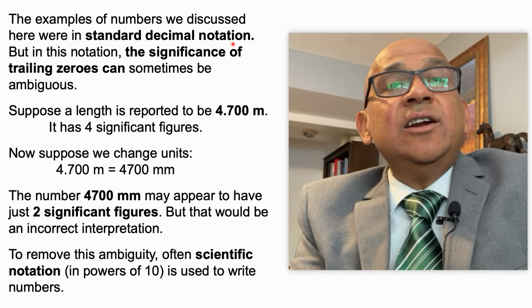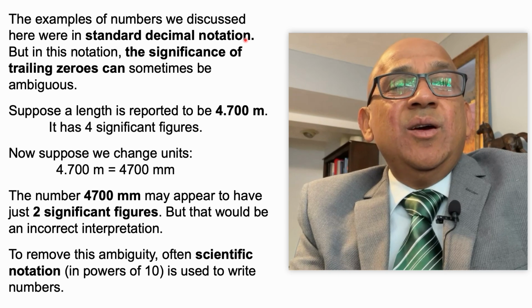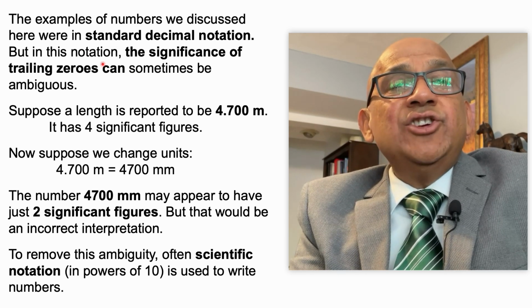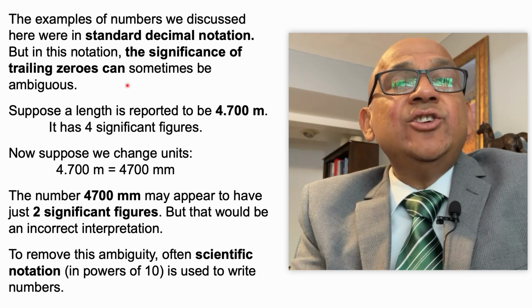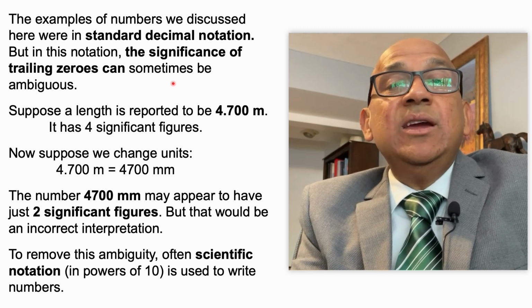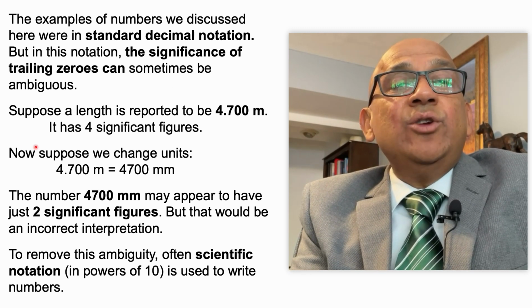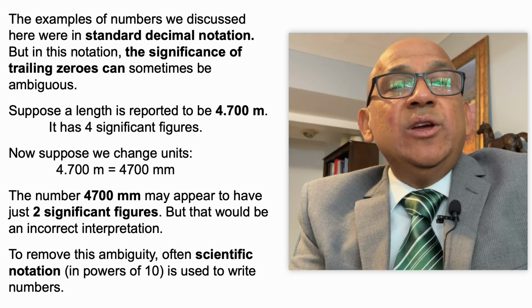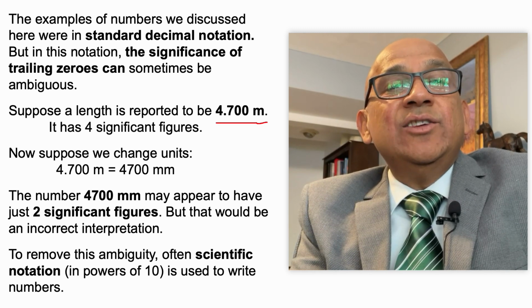were in standard decimal notation. But in this notation, the significance of trailing zeros can sometimes be ambiguous. Let us look into an example. Suppose you found a length as 4.700 meters.